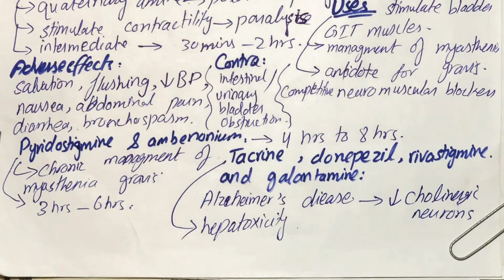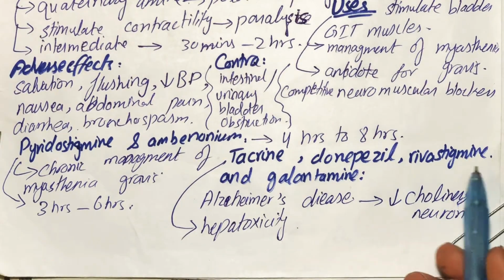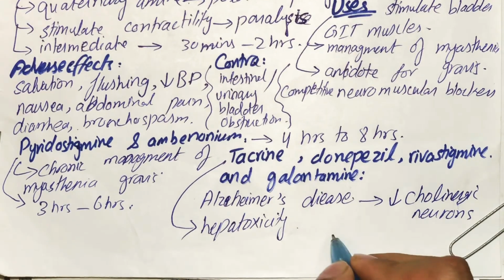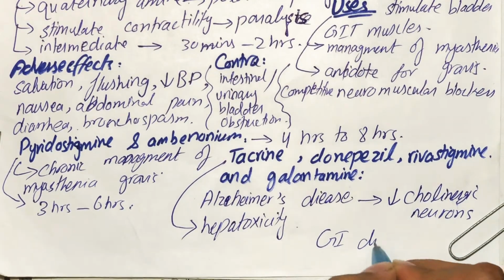So we can delay the progression of this disease with these agents. These agents have a primary adverse effect, which is GI distress.